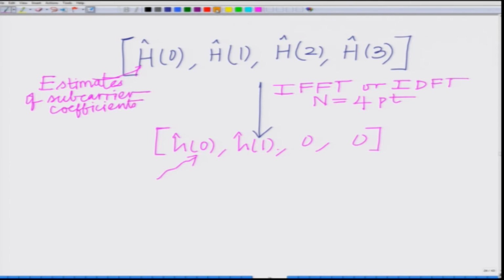These are, what are these? These are estimates of your channel taps.